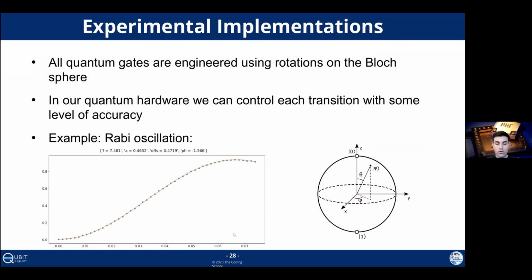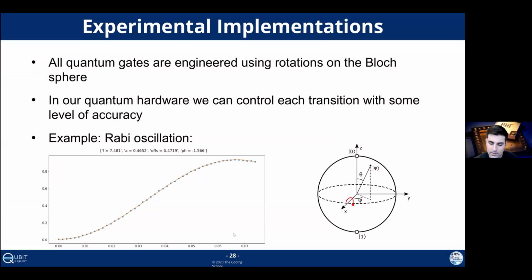So what I'm showing you here is a Rabi oscillation that I took in lab a few days ago. And what I'm doing here essentially is that I am applying a rotation about the x-axis with some angle. So in this case, of course, the angle is determined by the amplitude that I have here.